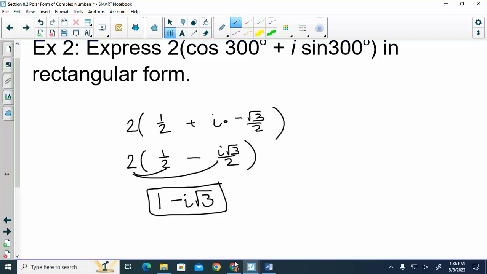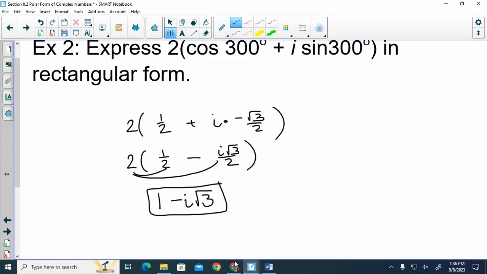So to go from polar to rectangular, you just work out the sine and cosine. If it's values we know from the unit circle, then I expect the exact values, so the hand trick. If it was like 273 degrees, which we obviously don't know, we would use our calculator to approximate sine and cosine. Are those okay?